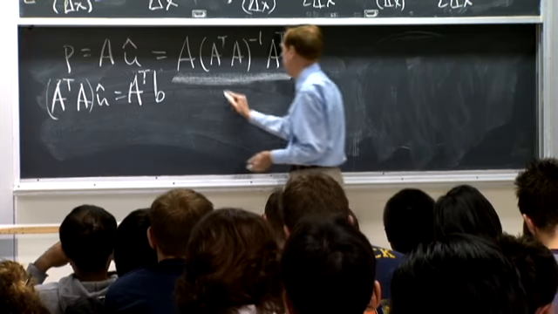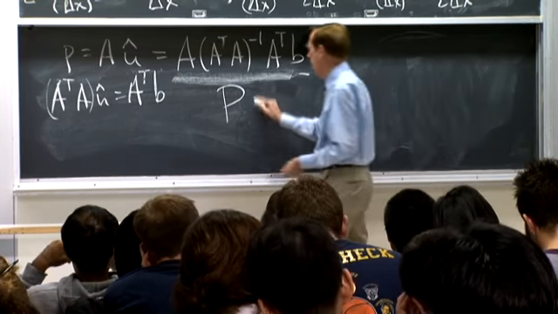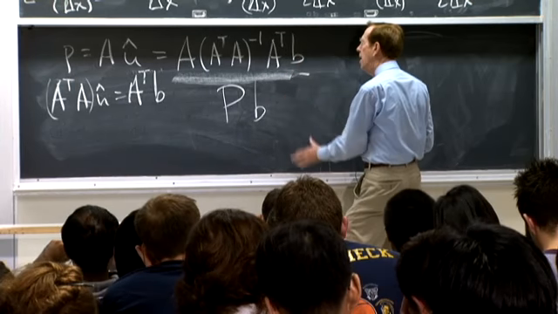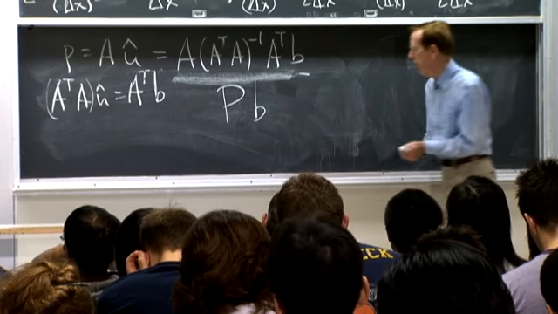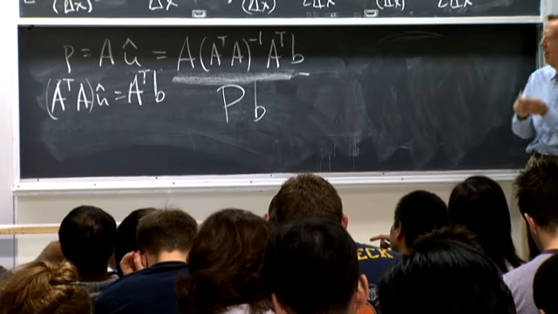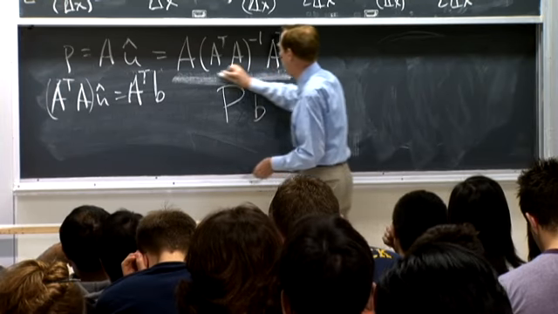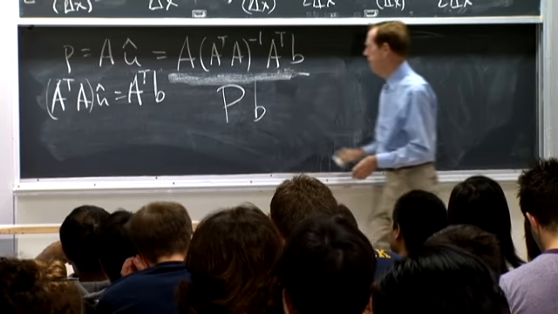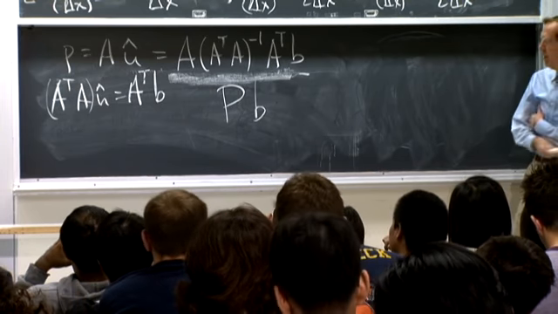Often I'll call that matrix capital P. It's the projection matrix. You give me any vector B, I multiply it by this matrix, and I get the projection. Okay, it's just worth seeing what this matrix P is. What are projection matrices like?